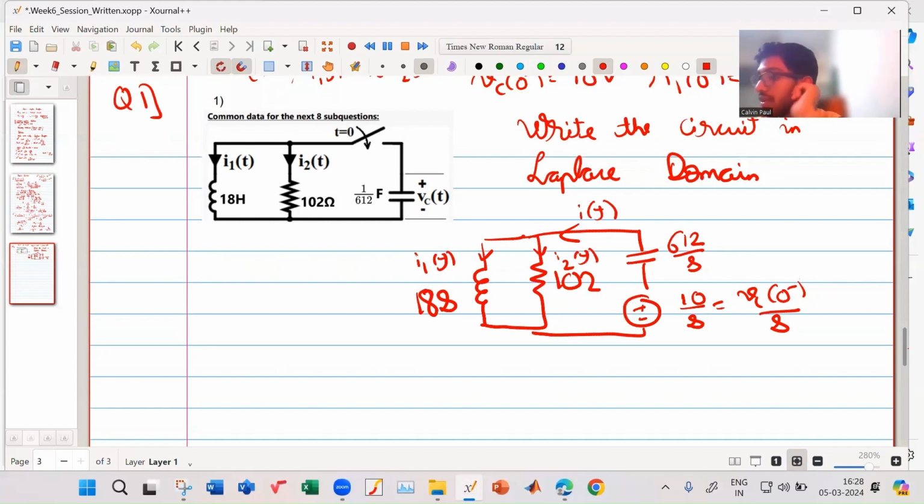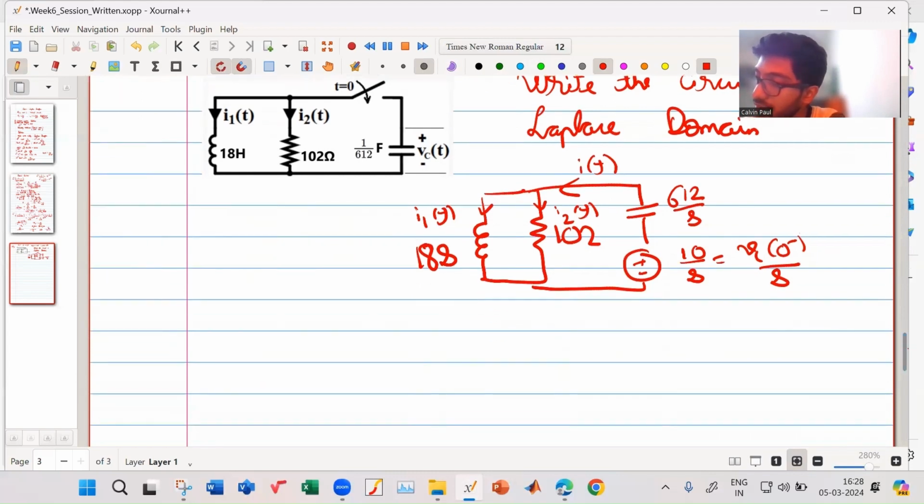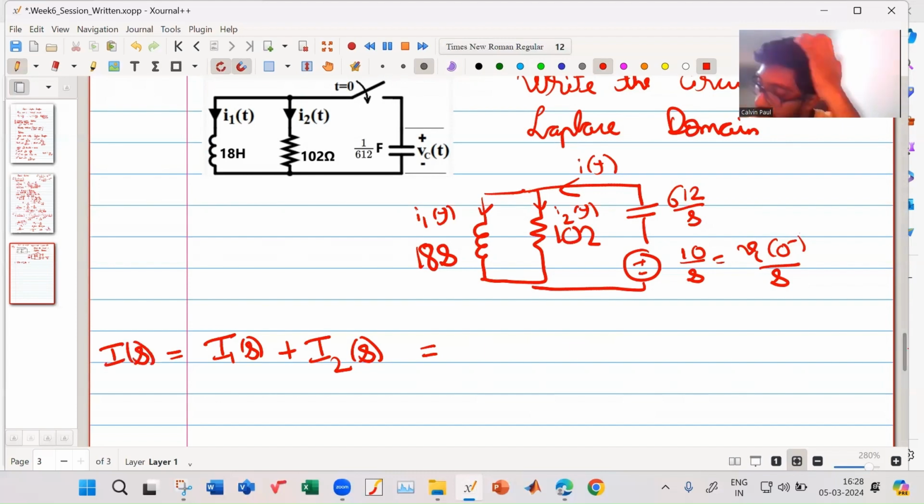Because it is in Laplace domain, we write it in terms of s. So we have I1 of s plus I2 of s equal to I of s, since I of t is I1 of t plus I2 of t. How much is that current?